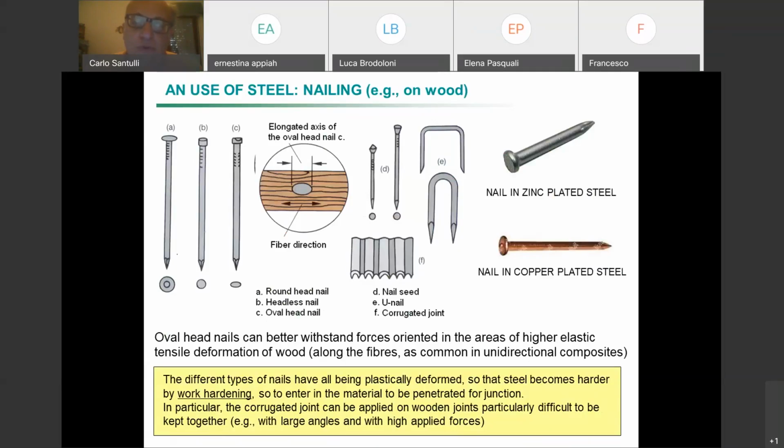For example, on wood. Wood is a composite, and wood is a kind of polymer matrix composite, in the sense that you have the matrix, the bulk of the material, which is made of cellulose, which is a polysaccharide, and you have another polysaccharide which constitutes fibers, and this is lignin.